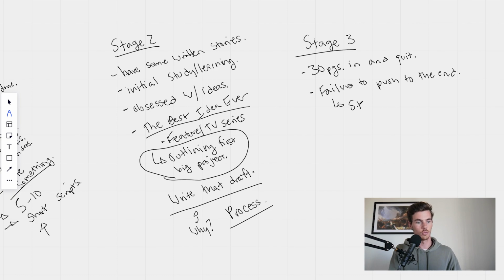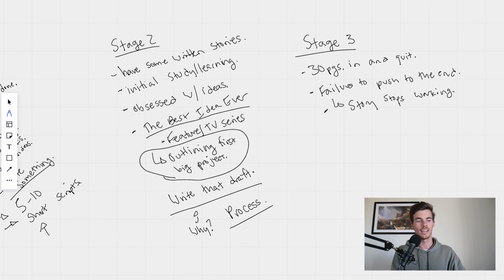The story stops working, right? Your first act isn't working and your second act isn't working either. And now you're frustrated and you've only written 28 pages and all you see is the 80 more pages you have to write and your story already isn't working. And so you stop, right?